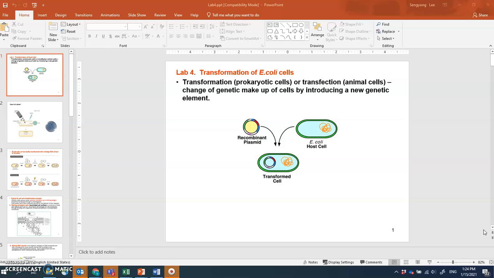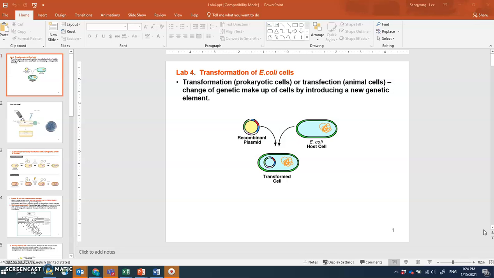Then why do you call it transfection instead of transformation when you deal with animal cells? The reason is transformation already explains something else in animal cells. Normally, normal cells becoming cancerous cells, they call that transformation. Since that word is already taken to explain that cellular process, they decided to choose another word to describe this process.